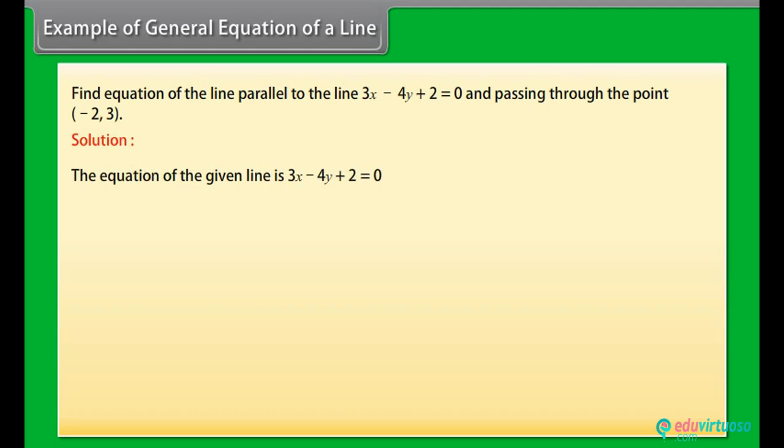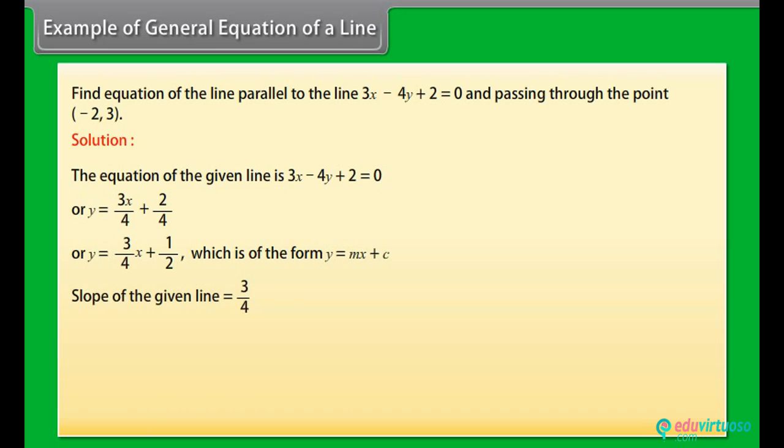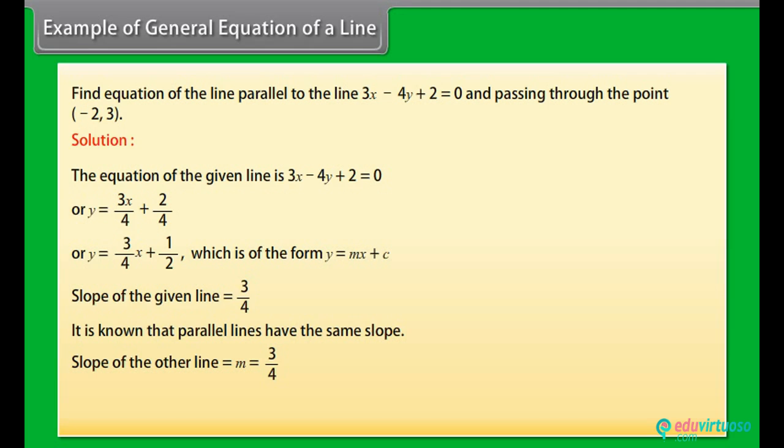The equation of the given line is 3x - 4y + 2 = 0, or y = 3x/4 + 2/4, or y = 3x/4 + 1/2, which is of the form y = mx + c. Slope of the given line is 3/4. It is known that parallel lines have the same slope. Slope of the other line, that is m, is equal to 3/4.